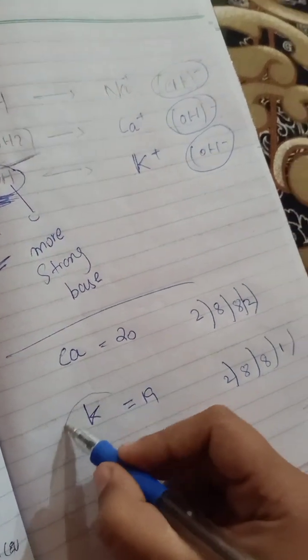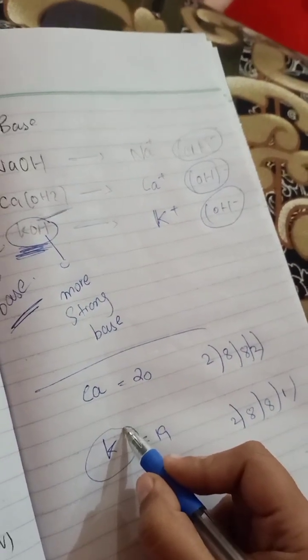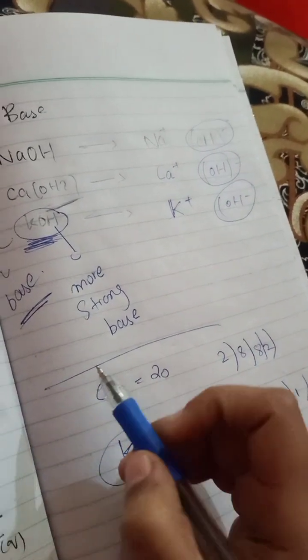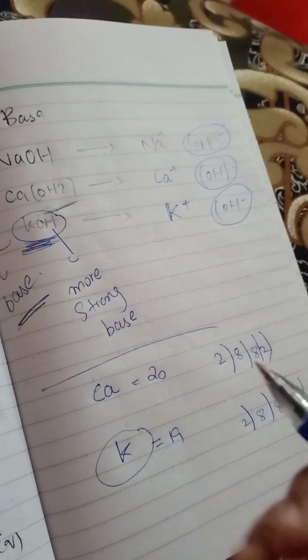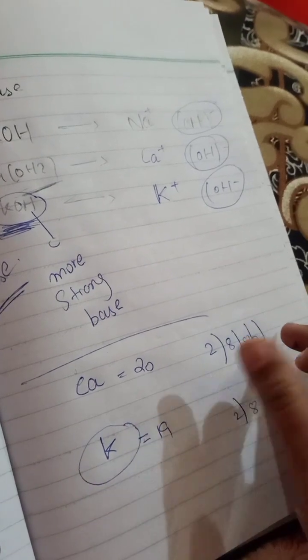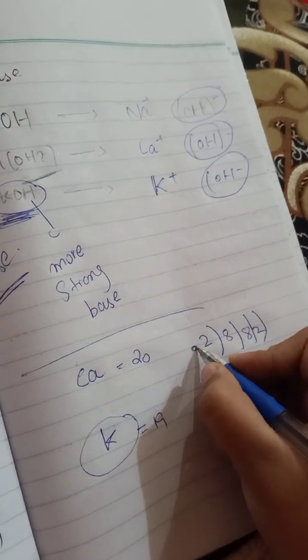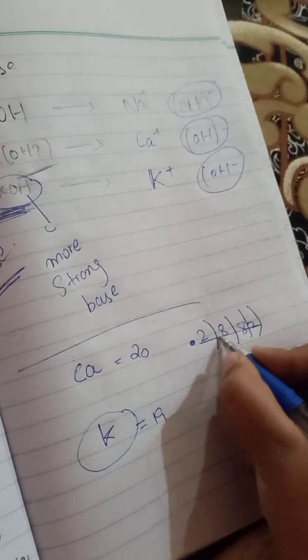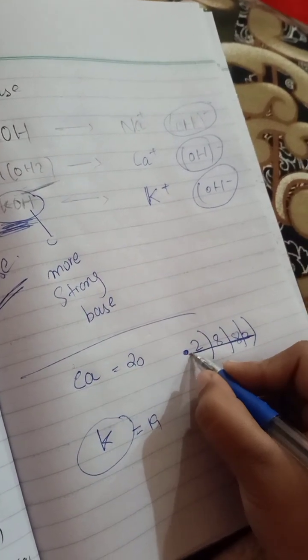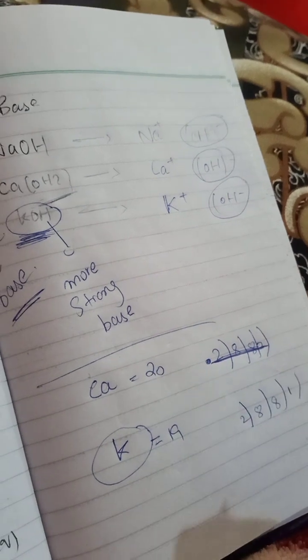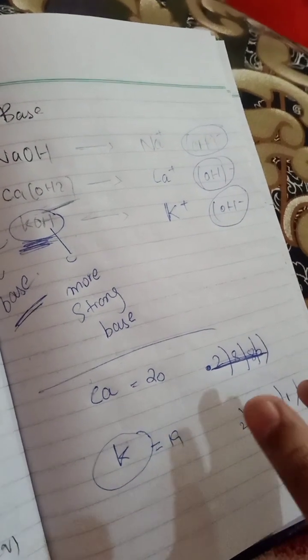Calcium has more attraction from the nucleus on its electrons, so it has more nuclear effect.